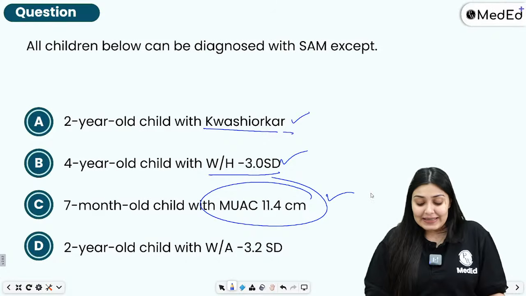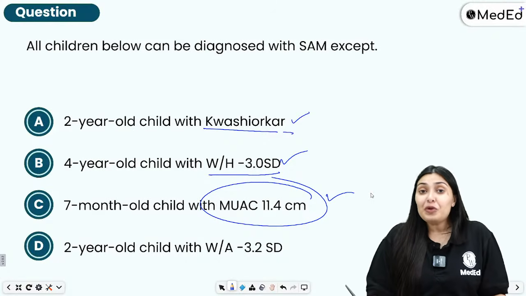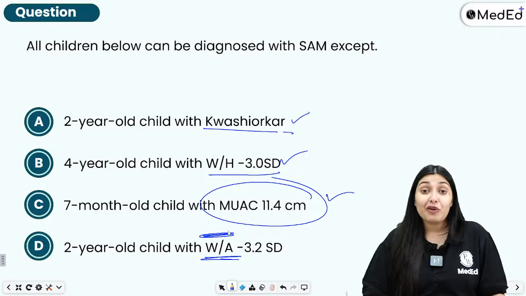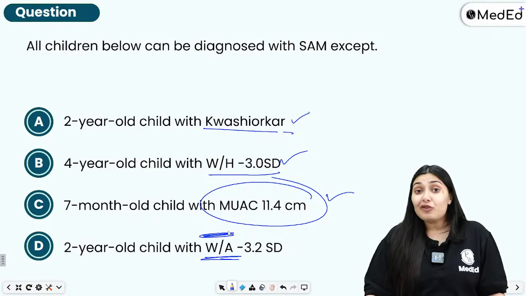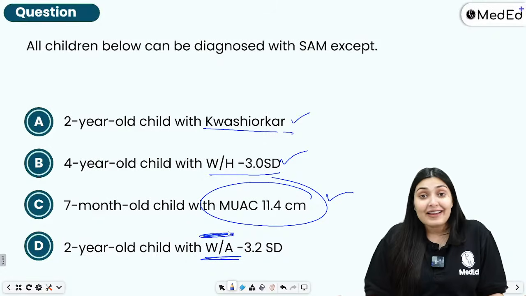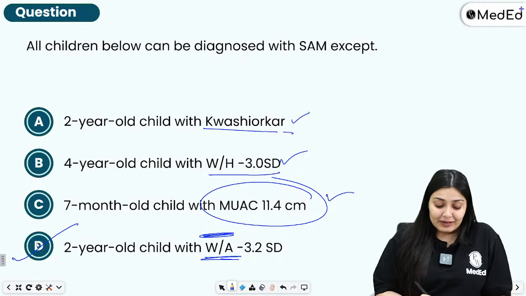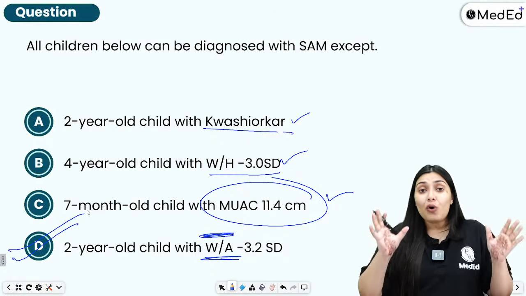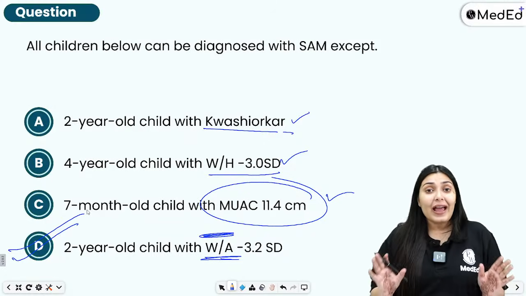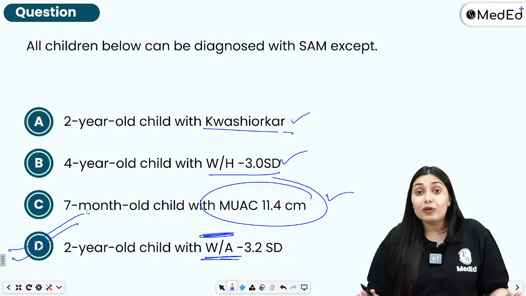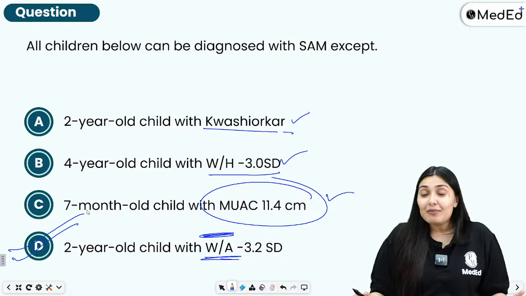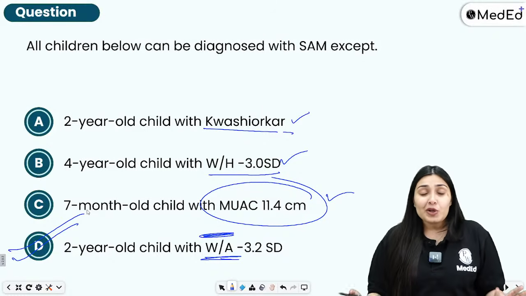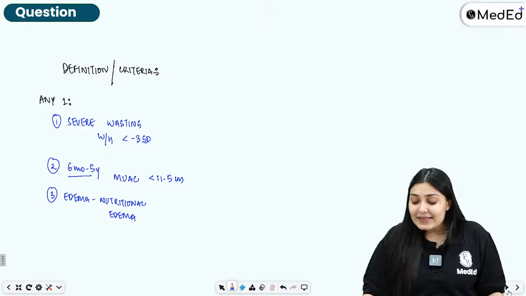So this is again SAM. Then we have a 2-year-old child with weight for age given. Weight for age is not a criterion in SAM. So this child does not have SAM. All other children have SAM. This fourth is doubtful; it cannot be SAM because it is not fitting into my definition of SAM. Right? So this is all about SAM and its criteria.